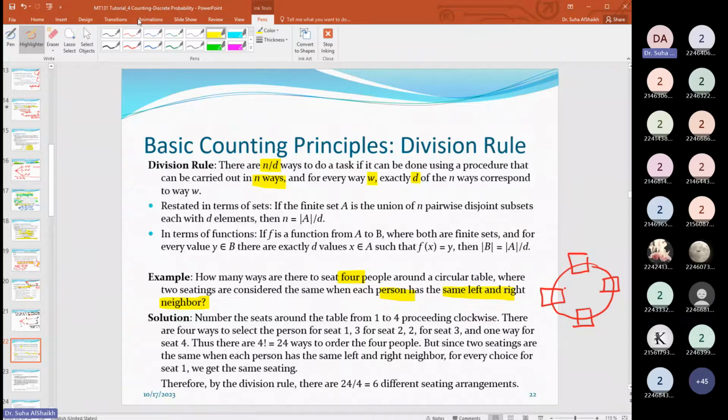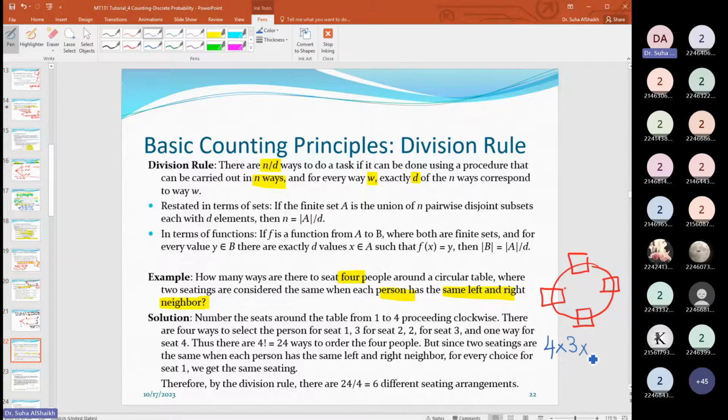So for the first person to sit, how many ways does he have? I have 4 people and 4 chairs. So when the first person comes to sit, how many ways does he have to sit? He has 4 different chairs to sit. Once he sits, the next person comes to sit, how many ways does he have to sit? 3 different ways.